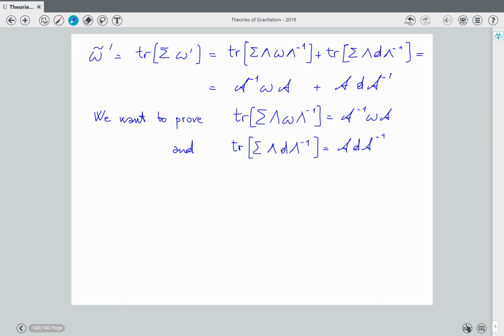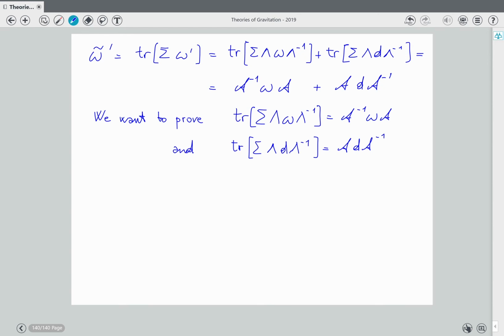How do we do that? So the first is we can consider the first thing there.